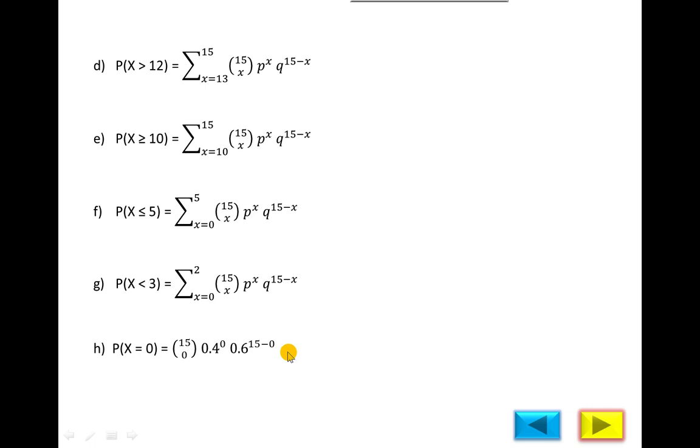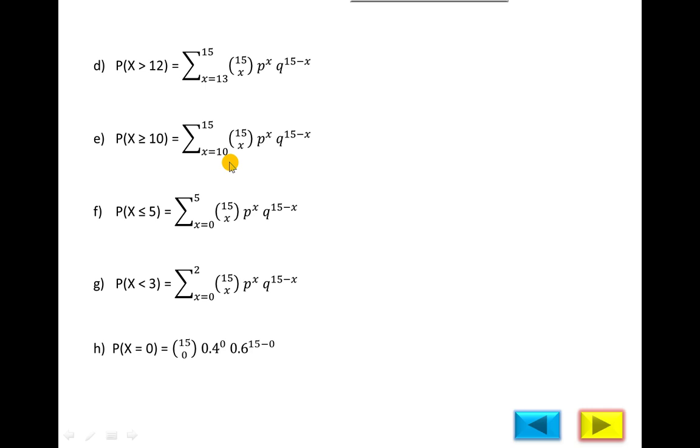But this procedure, this calculation is very lengthy and time consuming. For one value, two values, three values, you can calculate directly using the formula.